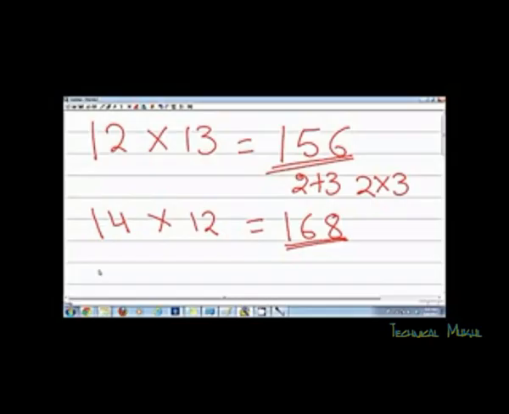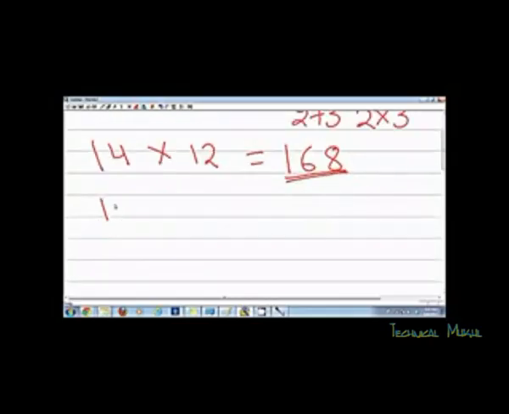For example, if I have 12 and I want to multiply by 15, I will write 1, and then 5 plus 2 is 7, but 5 into 2 is 10, so I will write 0 here and take 1 as a carry, so the answer will be 180.